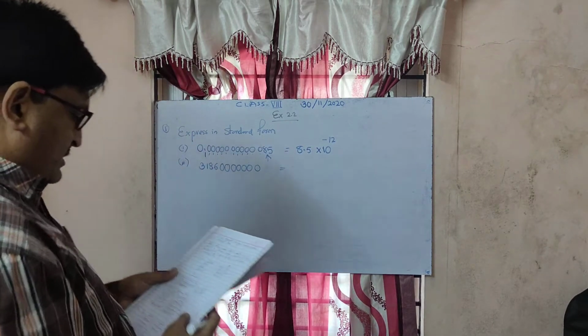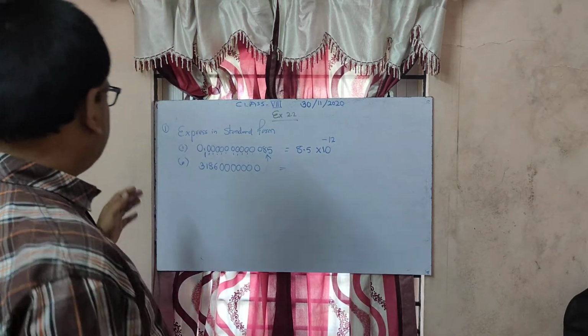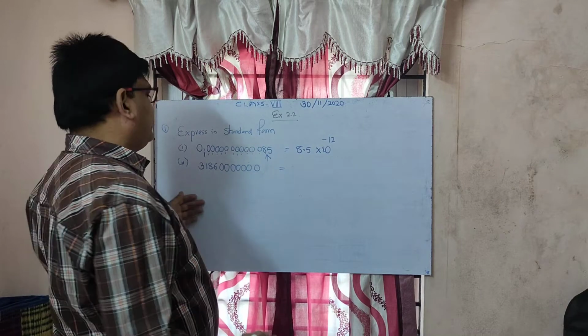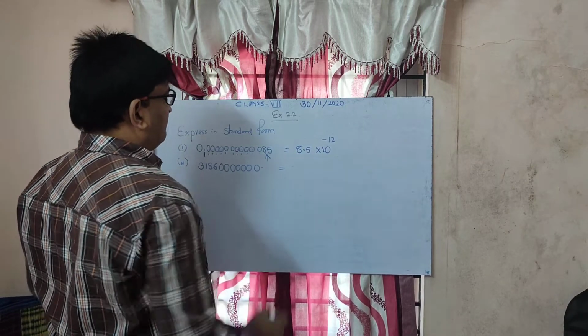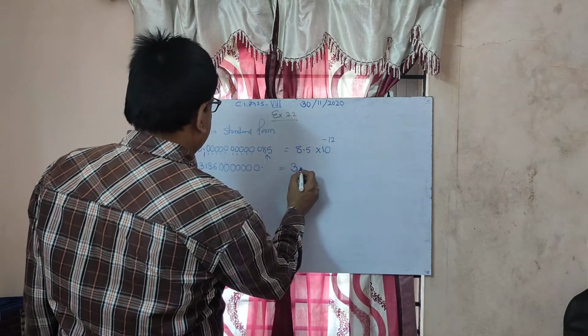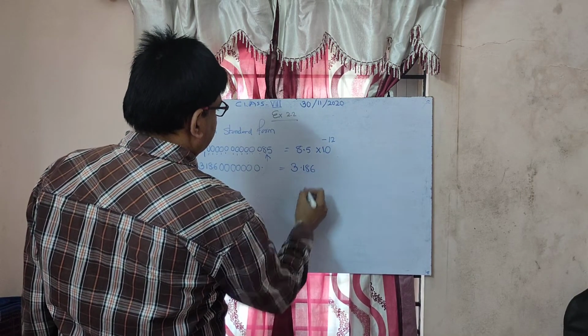Now I told you if the given number doesn't have any point, it means the point will be here. First of all, you write 3.186.